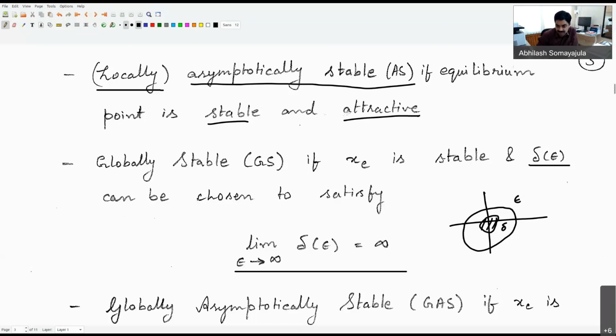Here what I'm saying is, as epsilon tends to infinity, delta also will tend to infinity. Because if I want that system to be inside a ball of infinity, then as long as I can start from anywhere and the trajectories still stay inside that infinity ball, that is globally exponentially stable.